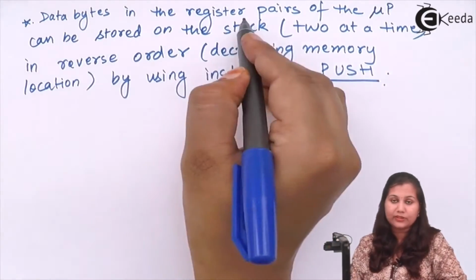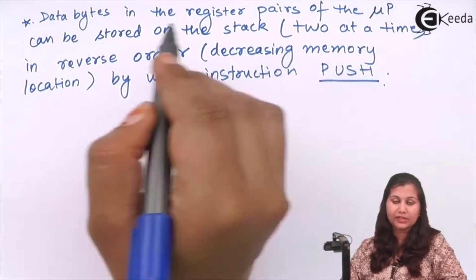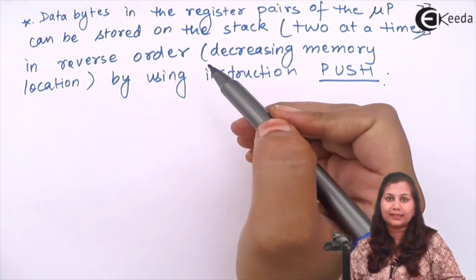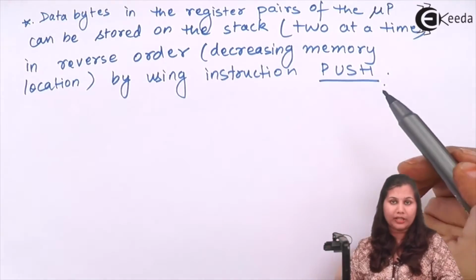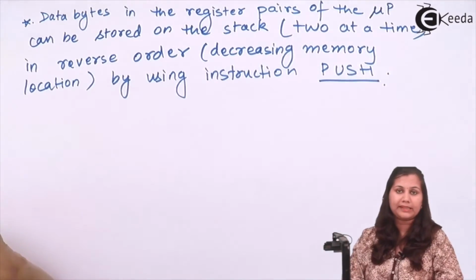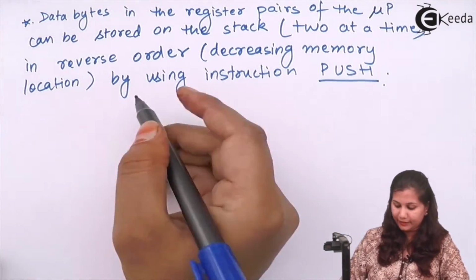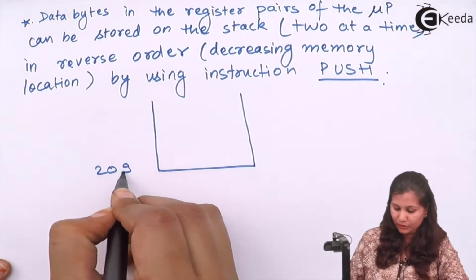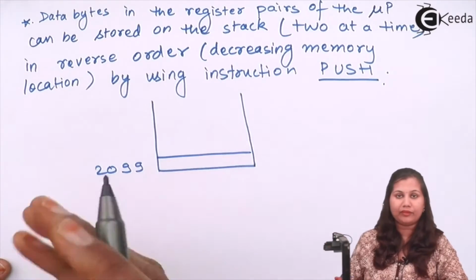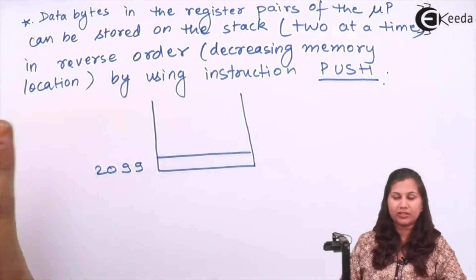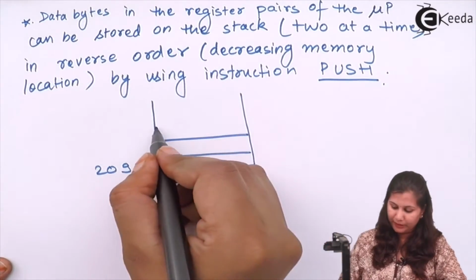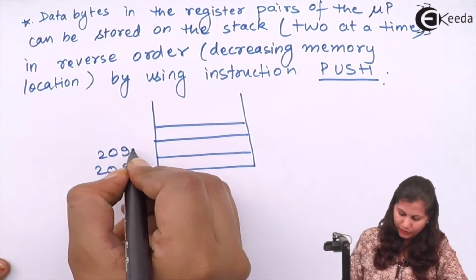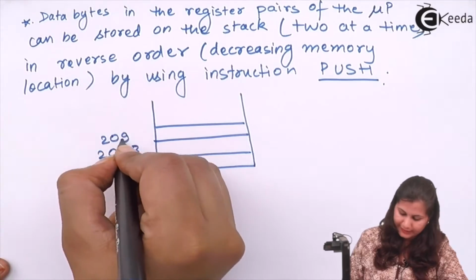Data bytes in the register pairs of the microprocessor can be stored on the stack in reverse order, that is, in decreasing memory locations. If we have initialized the stack at memory location 2099 and we want to store the BC register pair, it will be stored in the decreasing order of memory locations 2098 and 2097.